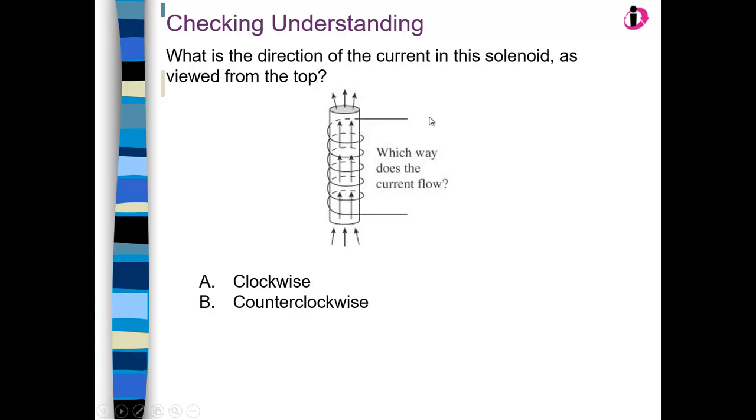So we use the right-hand rule, okay, and we grab our fingers now are going up, and when we use the right-hand rule, then the current is actually moving from the top to the bottom, and so if it's moving from top to the bottom, it's actually going counterclockwise.